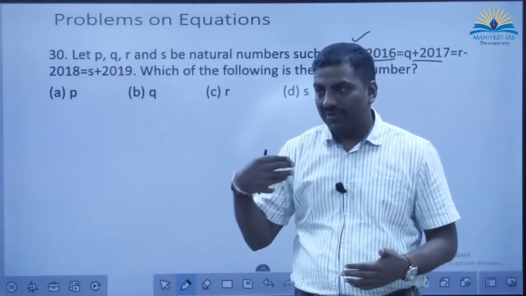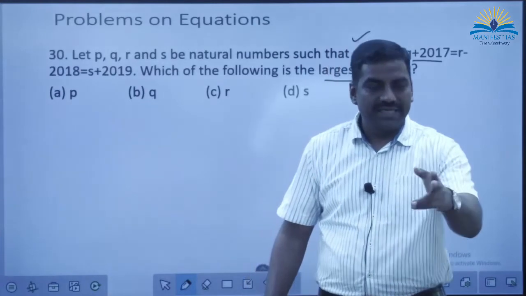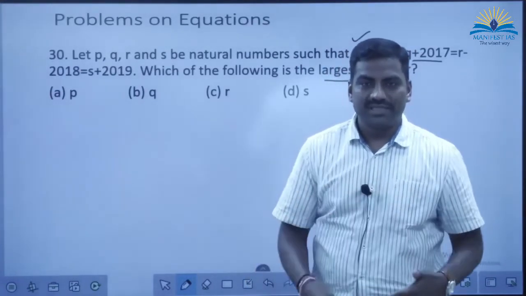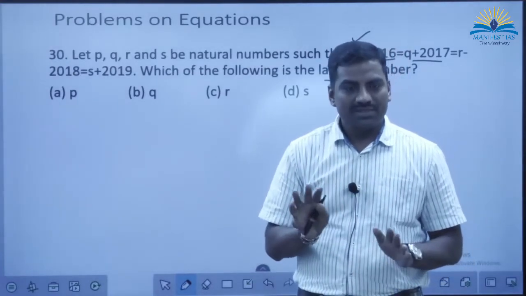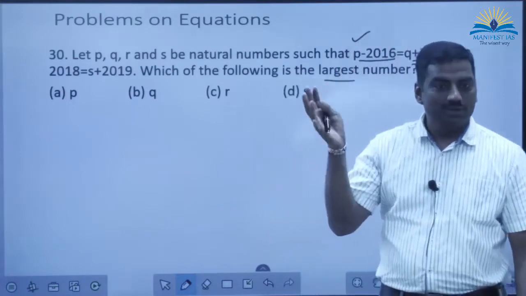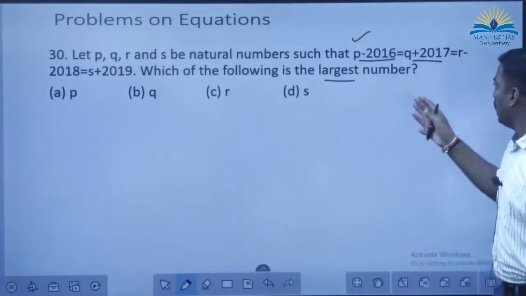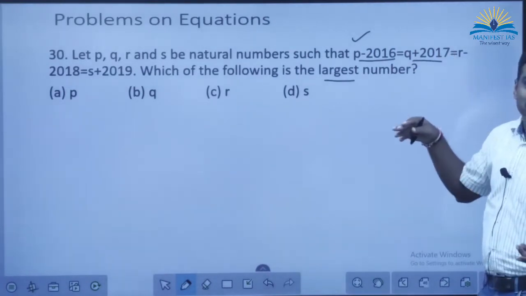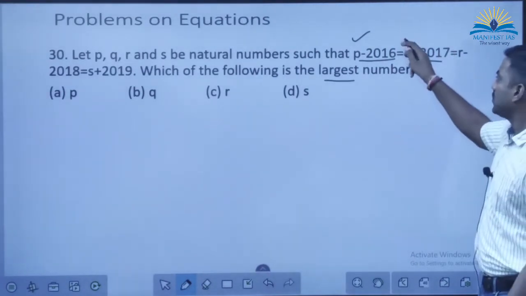Who is having more? Me, right? Simple. Here, bigger numbers will confuse us. That's it. 2016, 2017, they will confuse us. I am giving 5 rupees. She is taking 6 rupees from someone. So Q is gone.